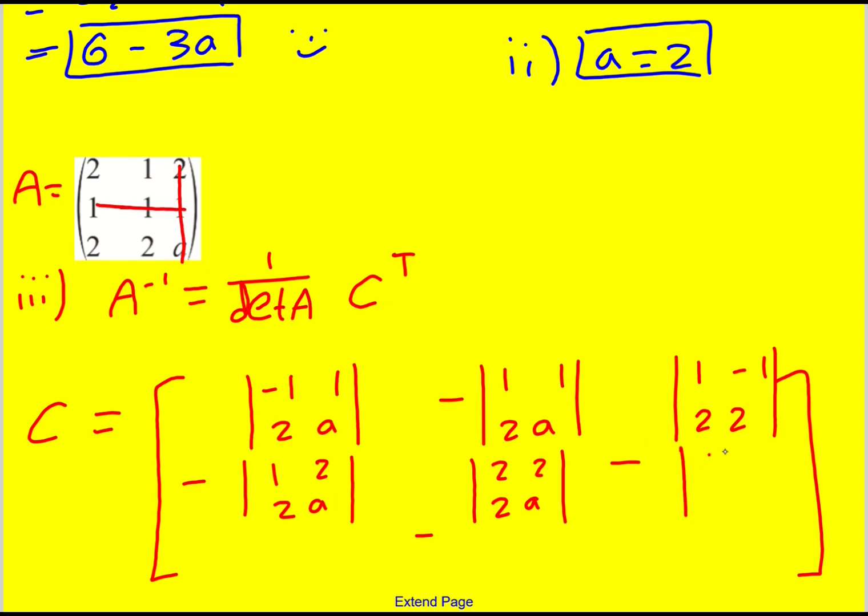But there's a minus there, remember. Finally, I'm going to get 1, 2, minus 1, 1. Then 2, 2, 1, 1, but there's a minus there. Finally, with the a, I'm going to get 2, 1, 1, minus 1.